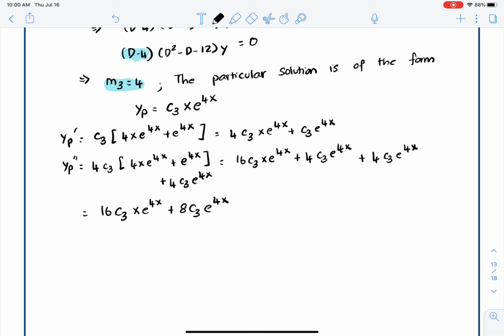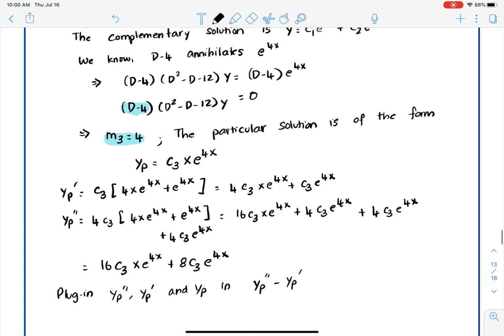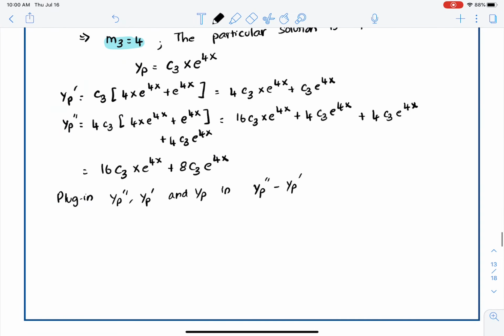Plug all of this in the original equation, so plug in yp double prime, yp prime, and yp in yp double prime minus yp prime minus 12yp. That would equal e raised 4x. Yp double prime is 16c3x e raised 4x plus 8c3 e raised 4x.